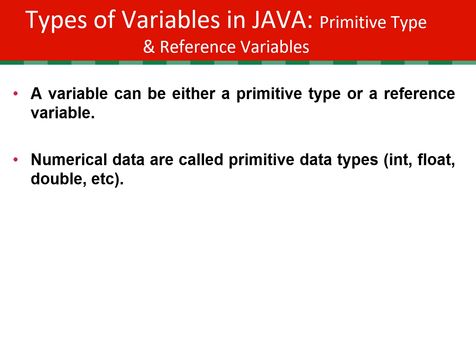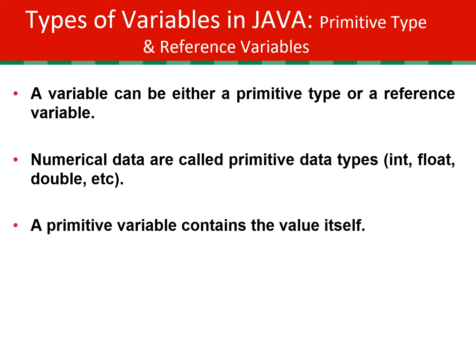Now that you have seen variables, basically variables or attributes can be defined either as primitive type or reference type. Primitive type is the one that you've been using: integer, float, double, string.